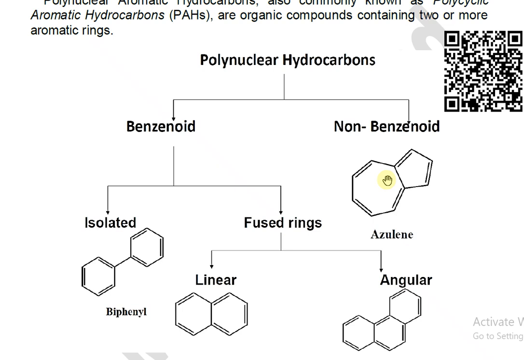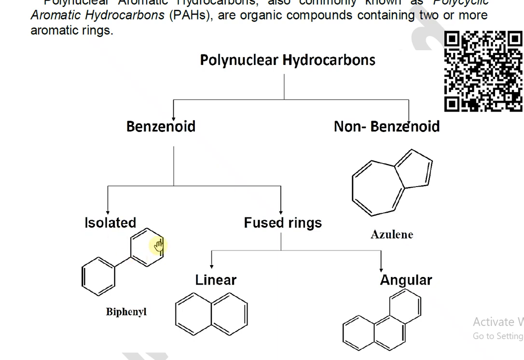Rings can also be fused or bonded by a single bond. The related subject in this chapter will be the benzenoid compounds. The benzenoid compounds are also divided into two main groups, the isolated benzenoid compounds.